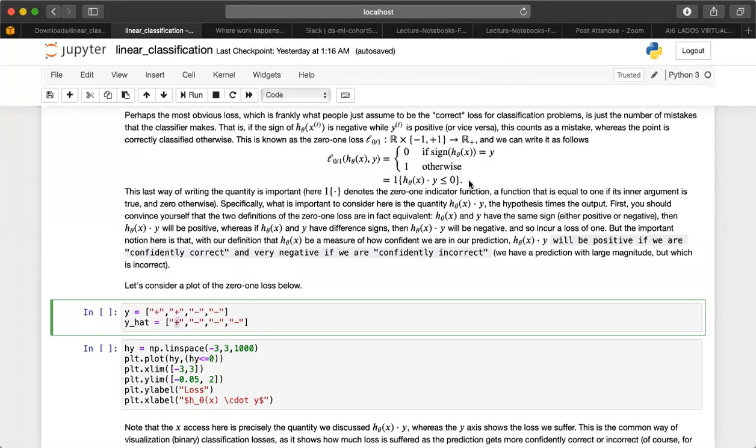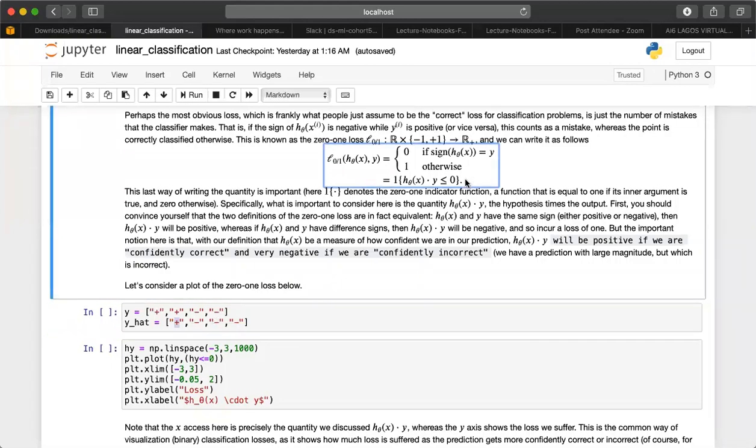And a simple way of representing this whole notation is this, the simple compact way of writing it. Now if the product of H and Y, right? Of course, you know what product is.